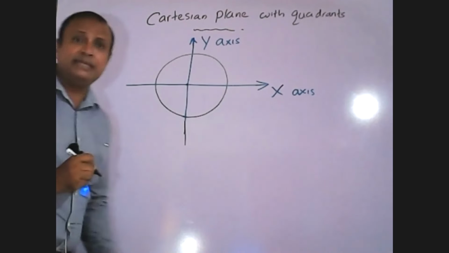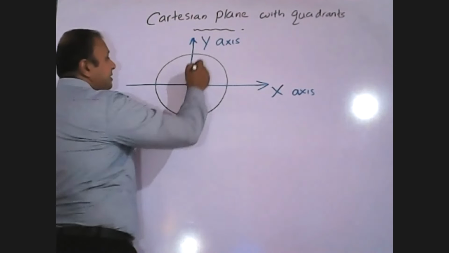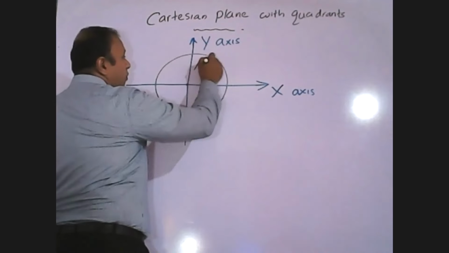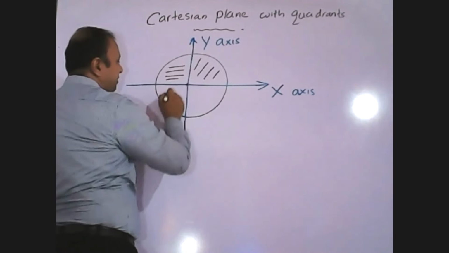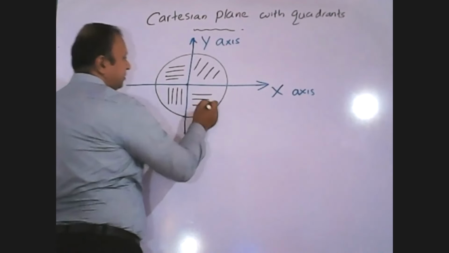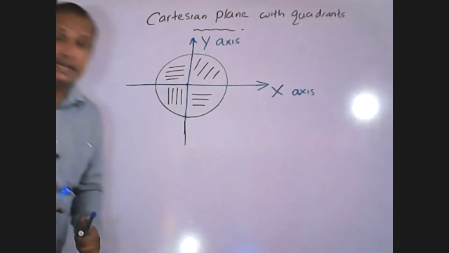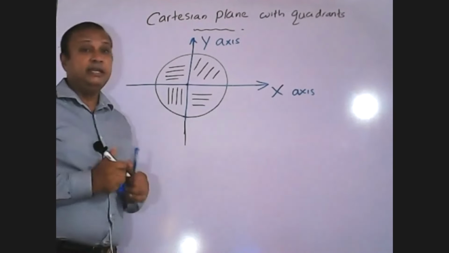You can clearly see this circle is divided into four similar parts.